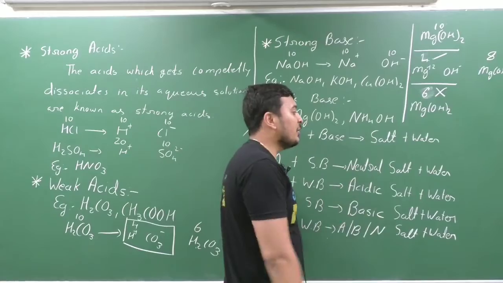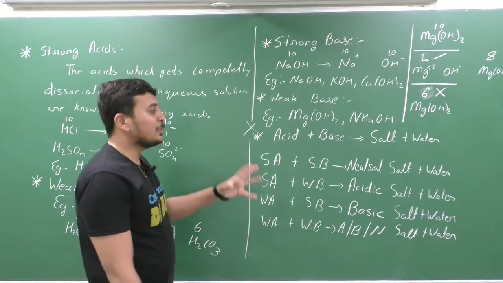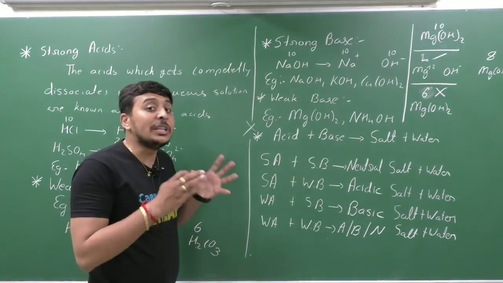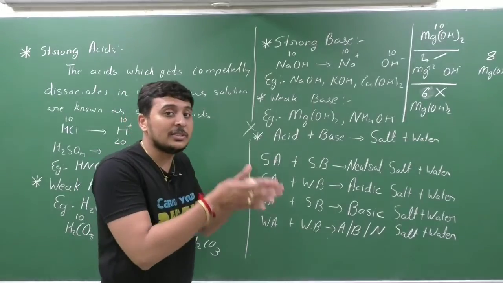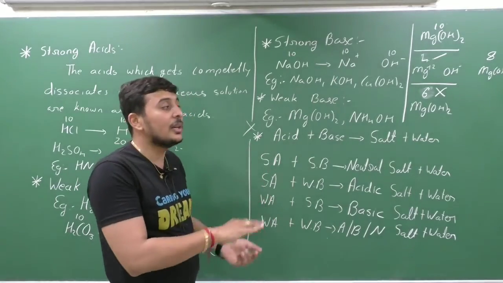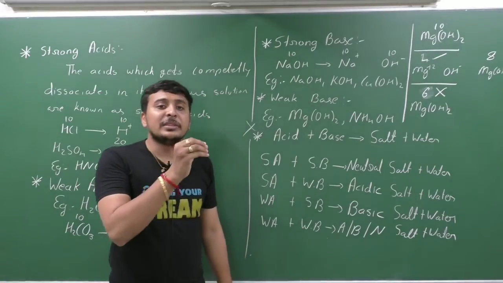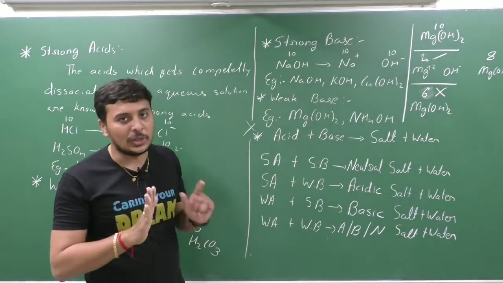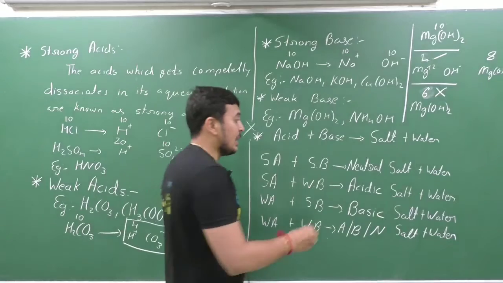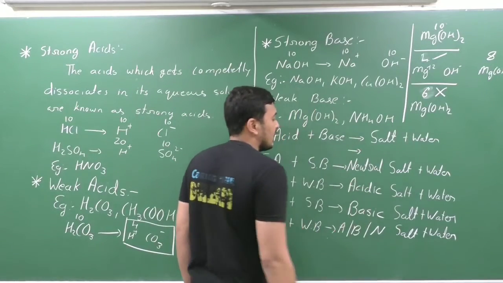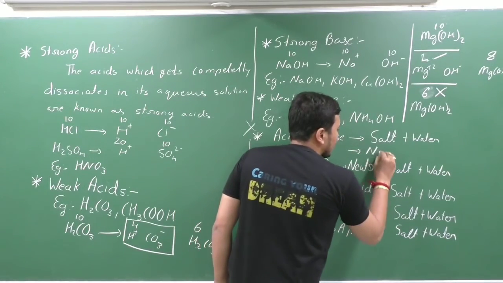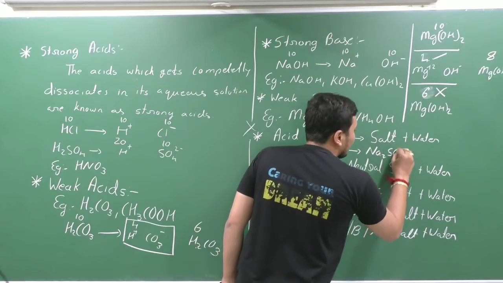Now, as per the formula of the salt, you need to say whether the given salt is an acidic salt, basic salt, neutral salt, or whether nothing can be said about the acidity, basicity, or neutrality of the salt. Clear? For example, I have a salt, Na2SO4.